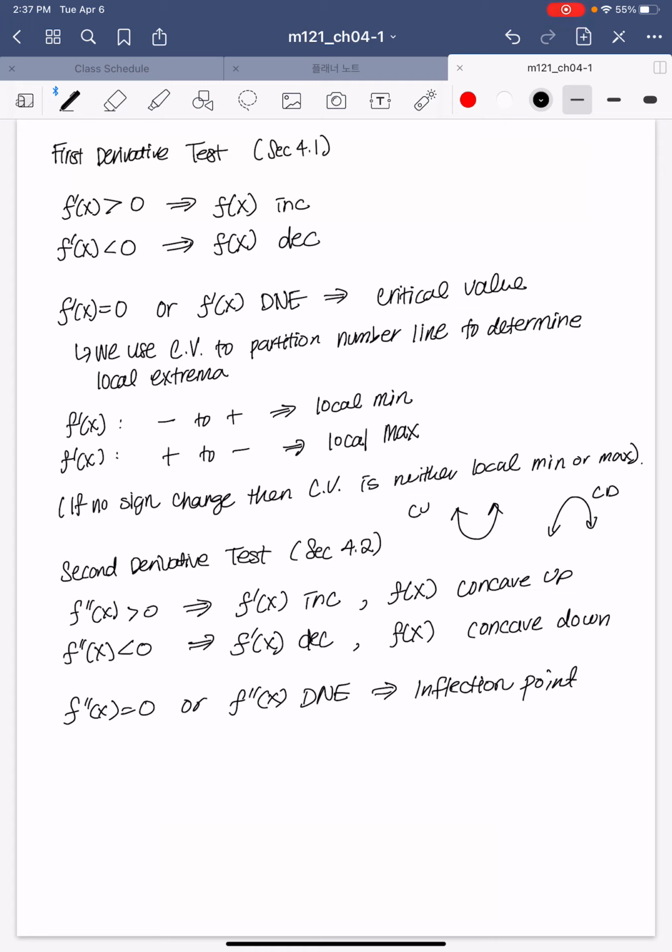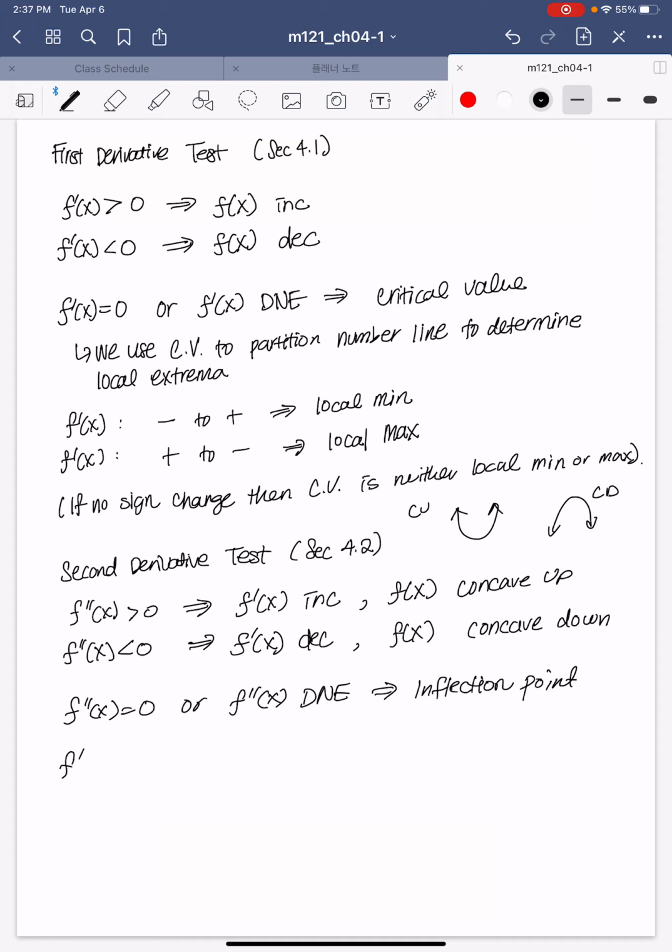Then we really do not have a term for local minimum or local maximum. As long as there's a sign change from negative to positive, concave down to up, or concave up to down, we call that an inflection point. If no sign change, we don't have an inflection point.